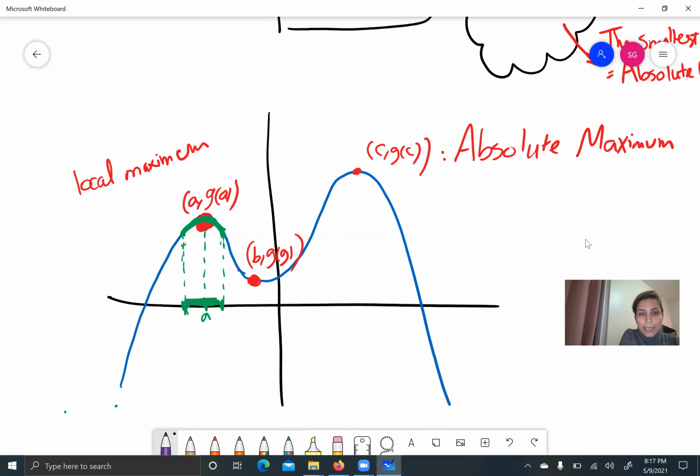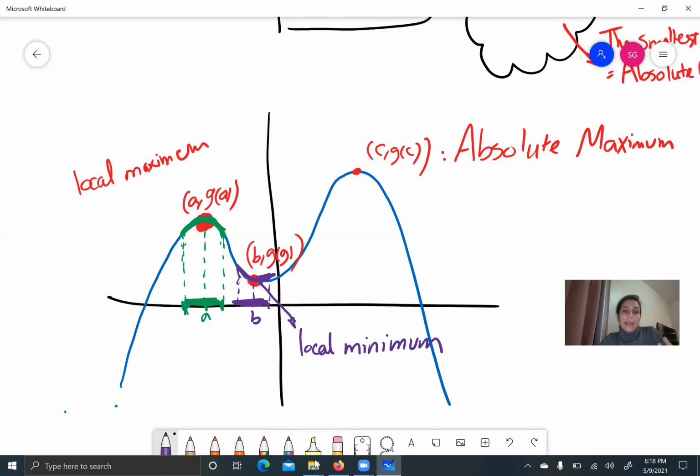If you look at this small neighborhood around B, for these input values close to B, the function has the smallest height at B. So this is going to be the local minimum, because g of B, the height for B, is the smallest for the values around B.